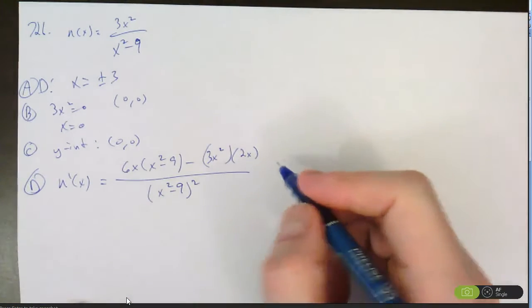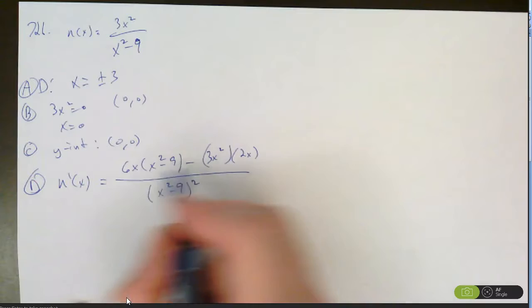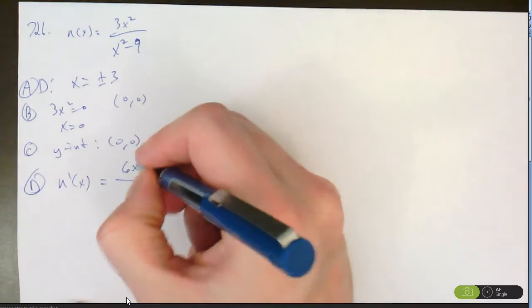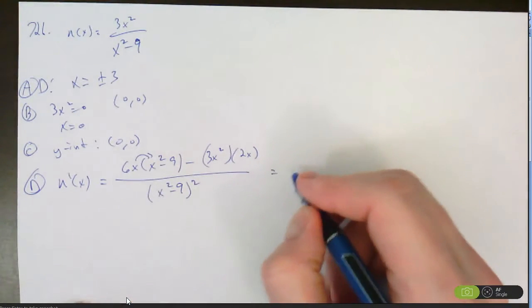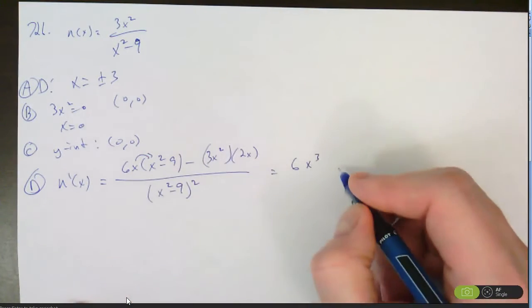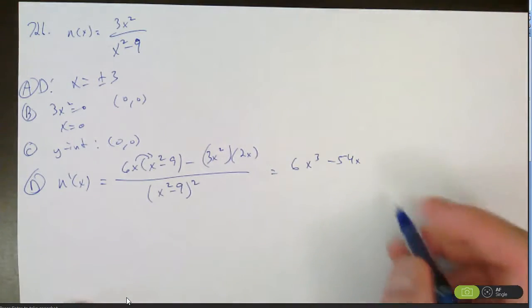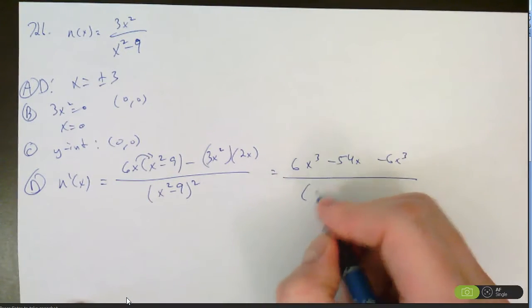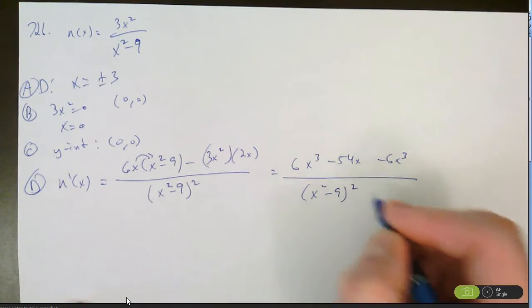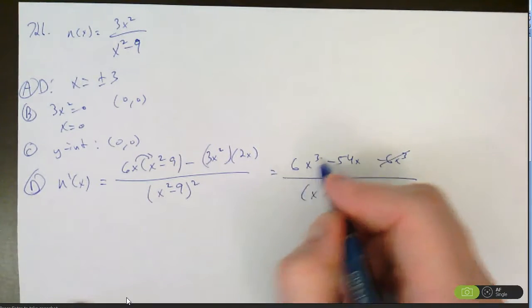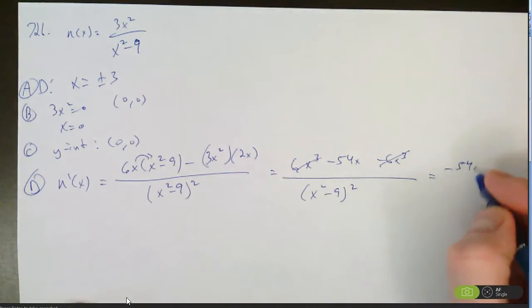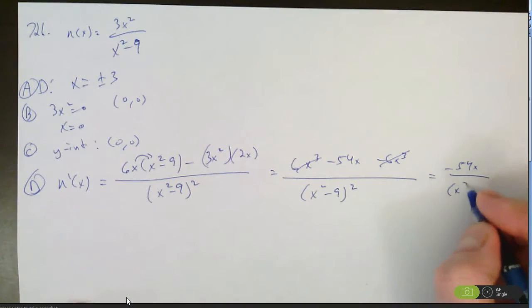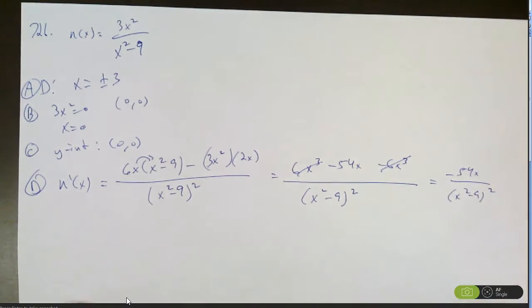Now, at this point here, I do have to simplify the numerator. When I distribute that, I get 6x cubed minus 54x. And this is actually minus 6x cubed, which luckily for us, and a lot of times in these ones that we've been doing, this cancels off the x cubes. I get negative 54x over x squared minus 9 squared.